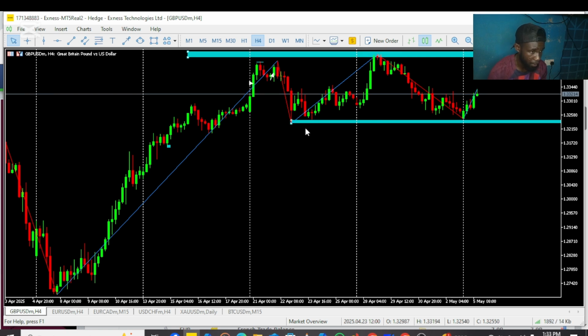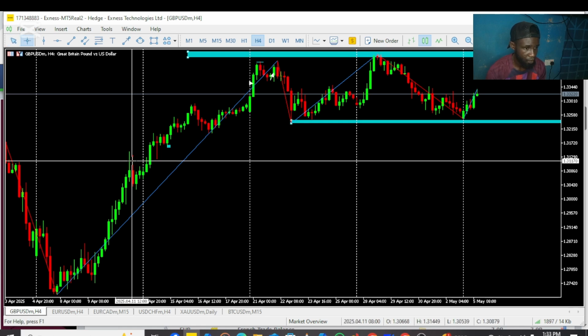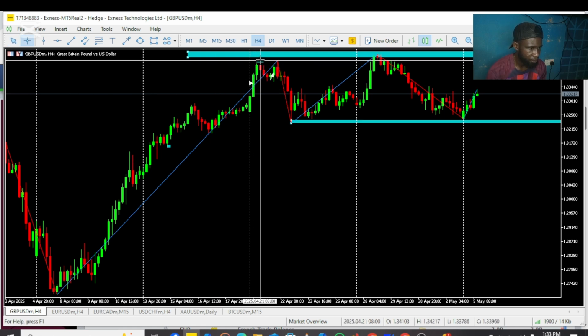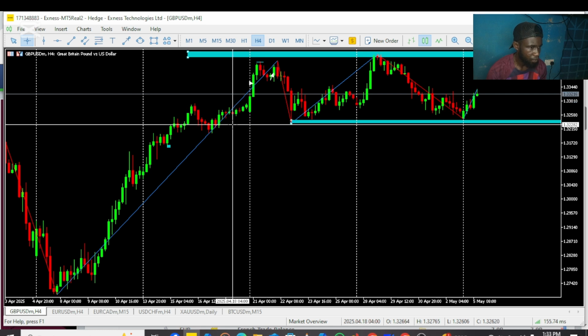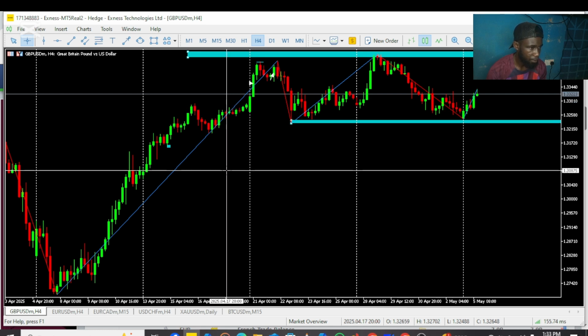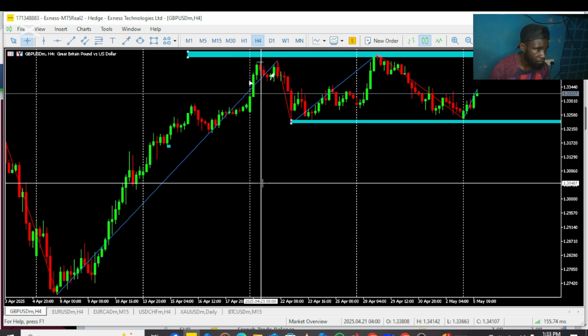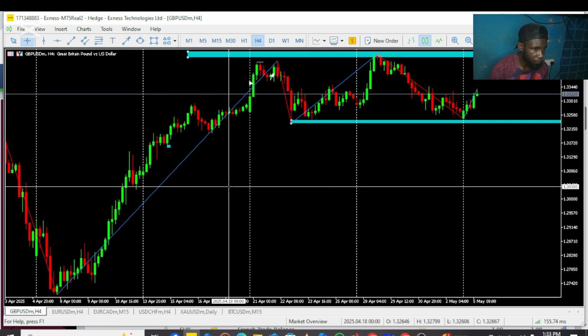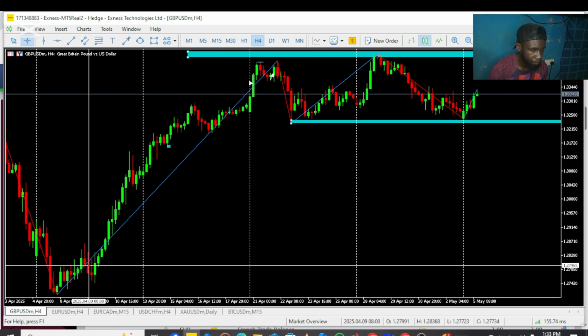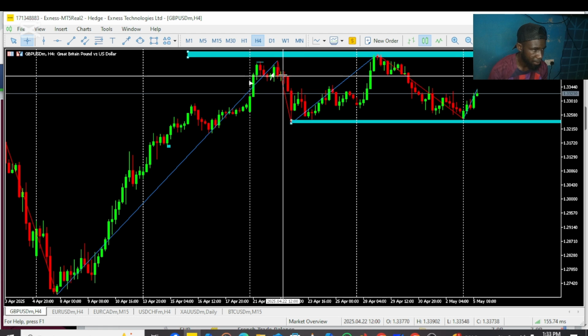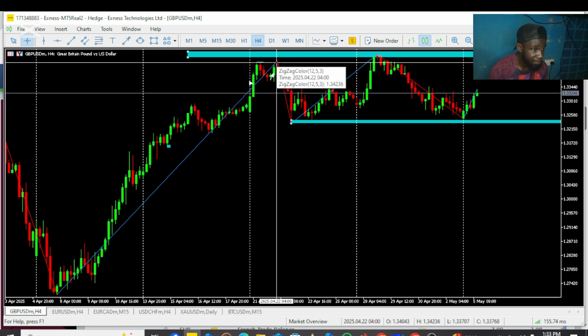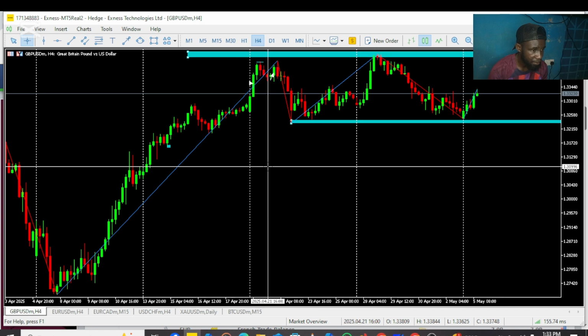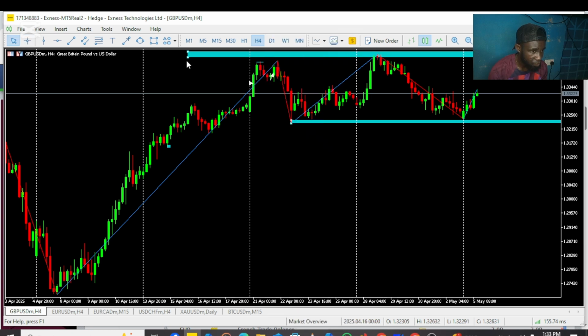Right now, on the 4-hour time frame, you can see the market has created this zone over here, this serious zone.